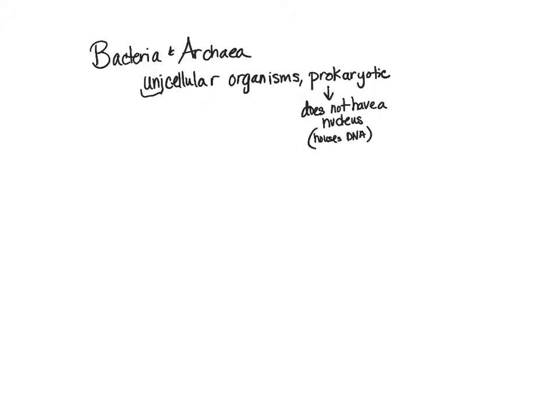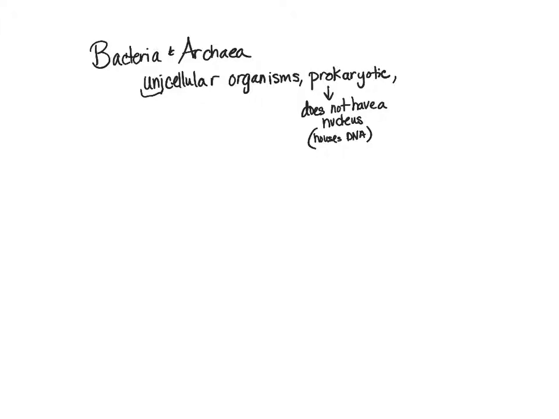We already mentioned that when we drew the bacteria cell, we said that it does not have a nucleus, but it has a nucleoid region. So rather than having a closed-off section called the nucleus that contains the DNA, bacteria and archaea just have an area where the DNA hangs out, but it's not protected by an additional membrane.